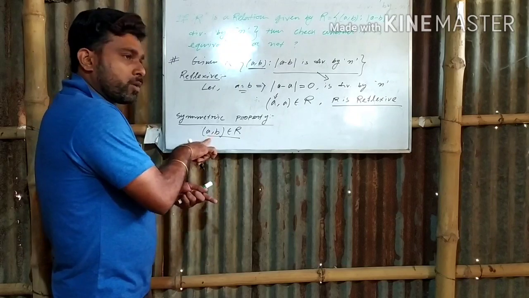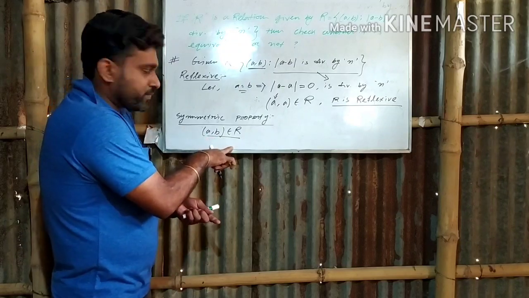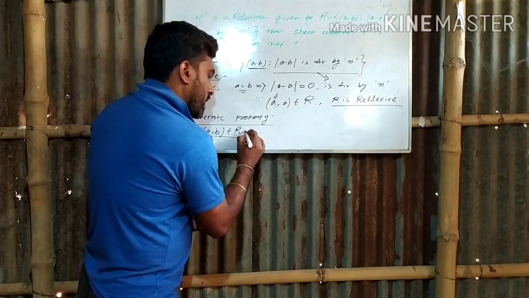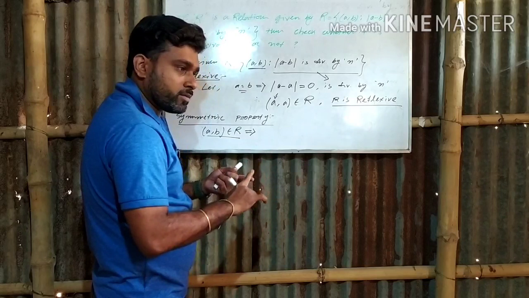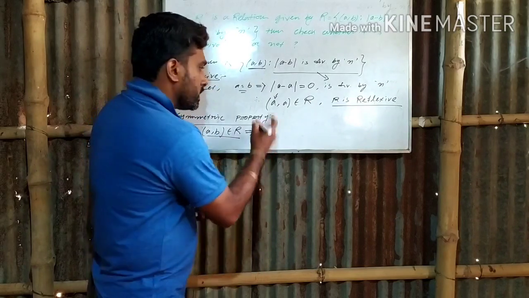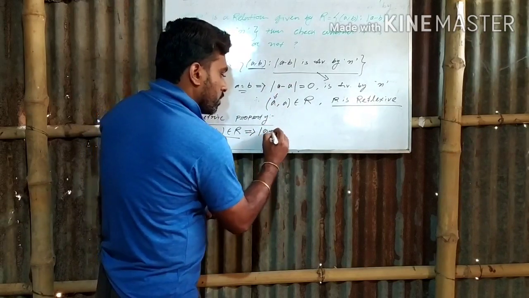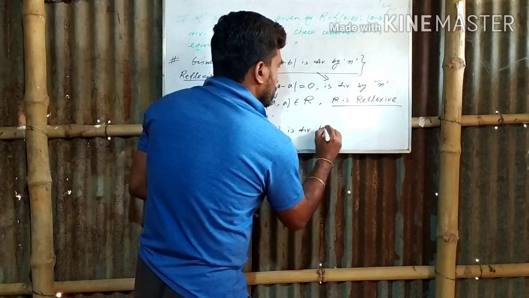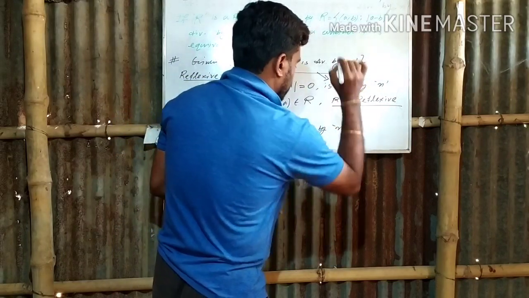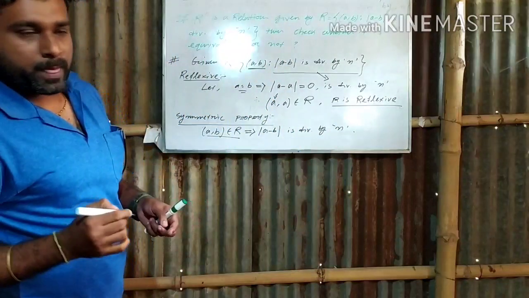So this order pair A comma B belongs to the relation set. So that's why A comma B belongs to R, and this implies the condition for making the relation between this A and B. It is given in the question. Modulus of A minus B is divisible by N.